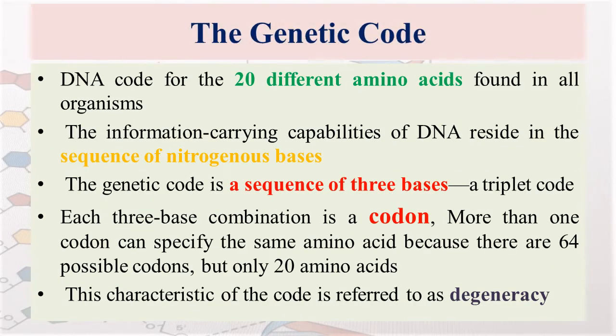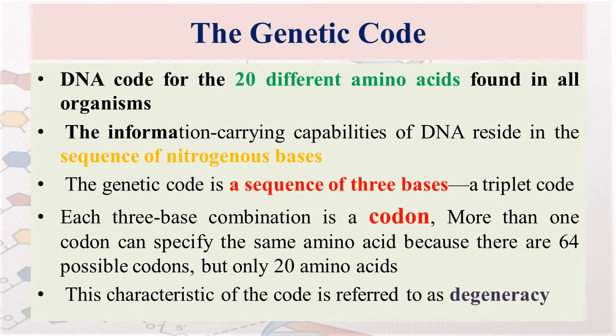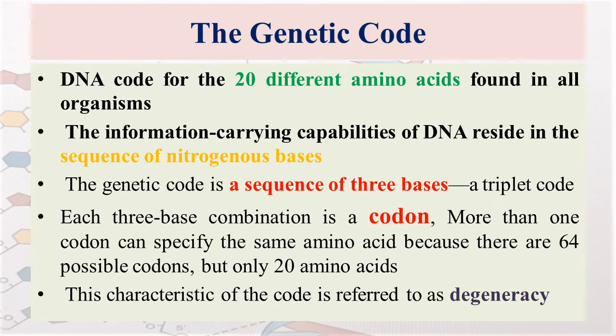What is the genetic code? The DNA basically codes for 20 different types of amino acids found in all organisms. The information-carrying capabilities of DNA reside in the sequence of nitrogenous bases. Do you understand, students?